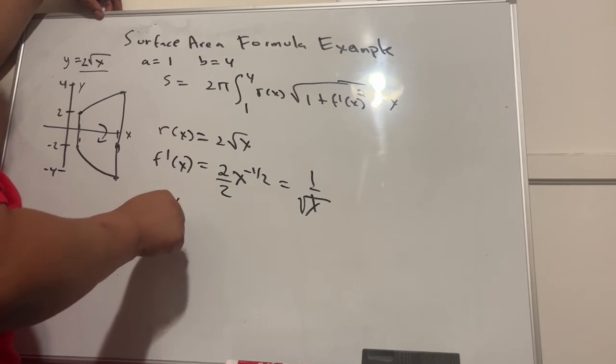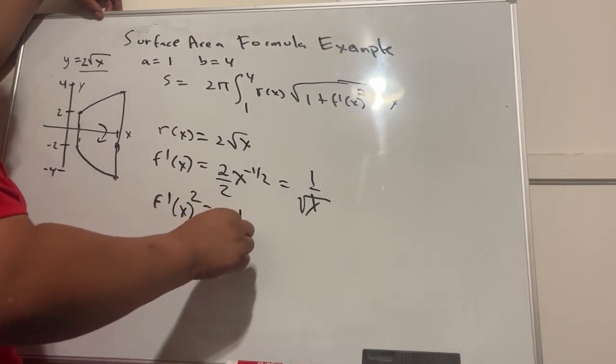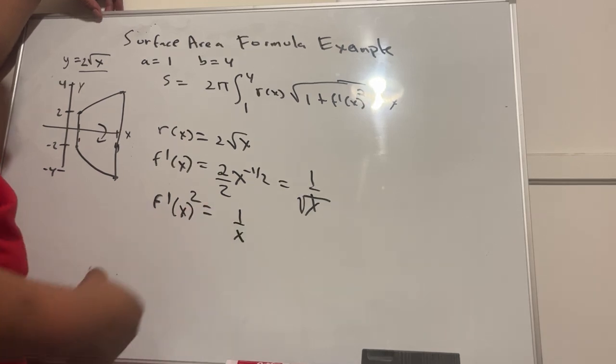Now f prime of x squared, that's going to be 1 over x.